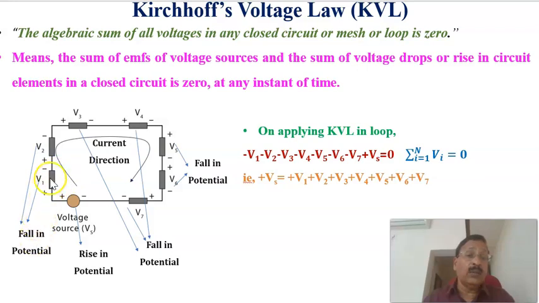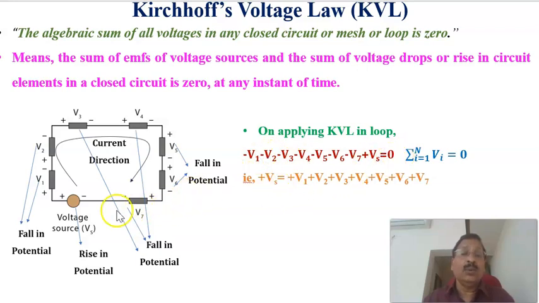These are the voltage drops, that is, the falling potential in the resistive elements. Here all have a falling potential, but across this voltage source there is a rise in potential. Therefore, in the algebraic sum, the falling potential is taken as negative and the rise in potential is taken as positive, and the algebraic sum is equated to 0.